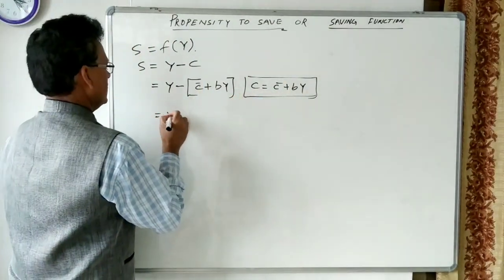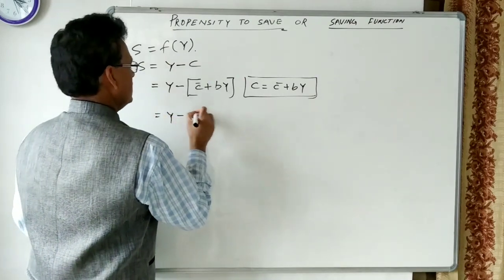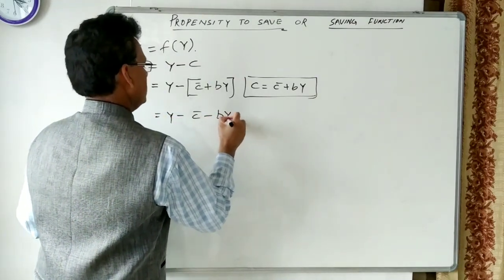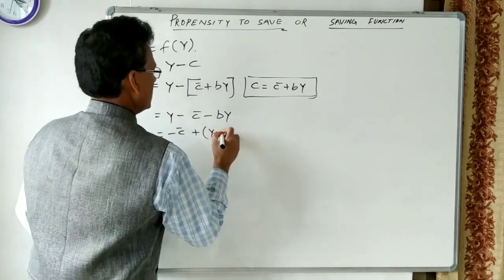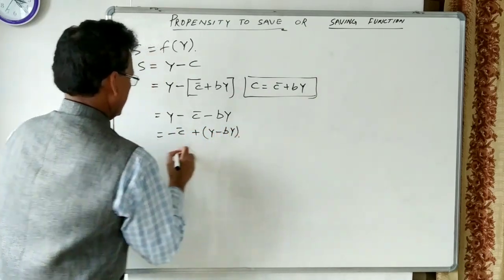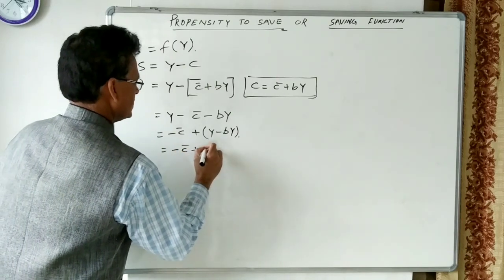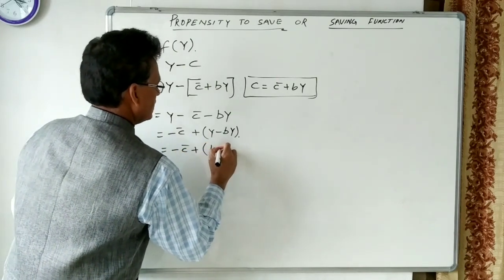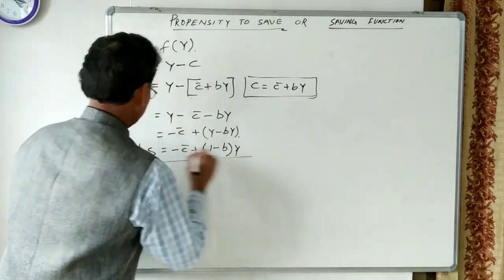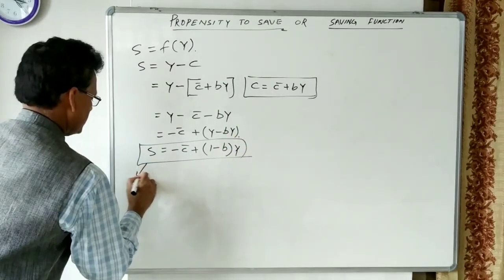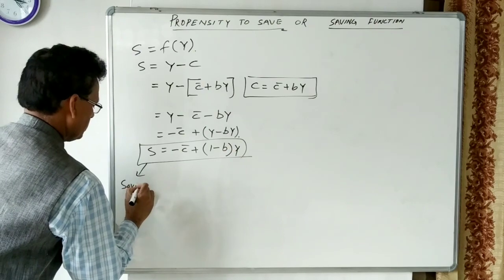From this we can derive S equals Y minus C intercept minus bY. We can write minus C intercept, and Y minus bY we can write as 1 minus b times Y. So S equals minus C intercept plus (1 minus b) Y. This is the saving. Here S stands for saving.